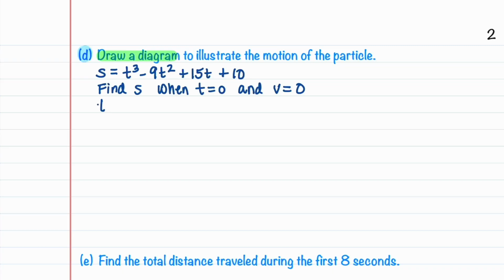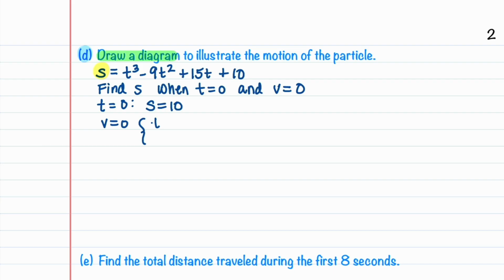Let's first look when t is equal to 0. All we have to do is look at our equation for s and substitute in that t is equal to 0, and we get that s is equal to 10. Let's now look when our velocity is equal to 0. We actually already found this.